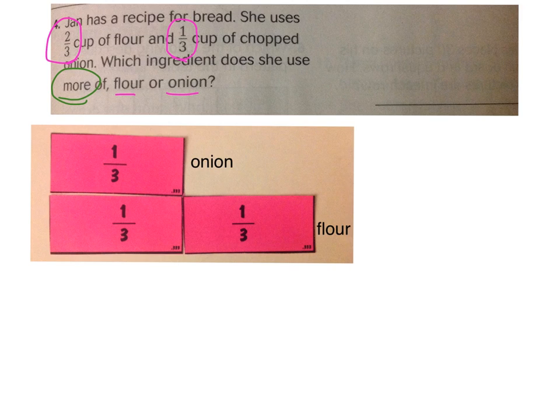Notice with these fractions, both denominators are the same. I have a 1/3 fraction strip to represent the onion, because in the problem it said 1/3 cup of chopped onion. I have 2/3 to represent the flour, because it said 2/3 cup of flour.